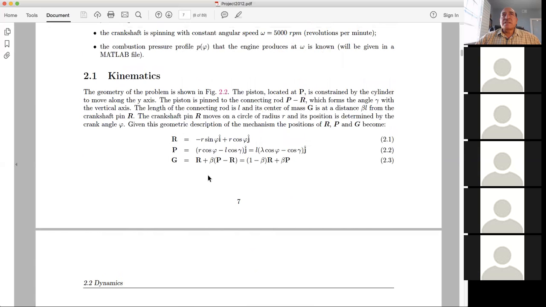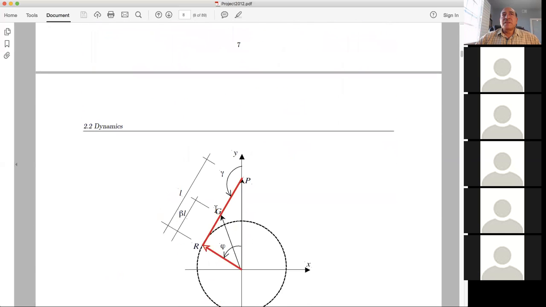Then G is the objective, because this is the center of mass of the connecting rod, and it is a linear combination of R and P. From vectors, we see that G is R plus beta times P minus R, where beta is the ratio of the distance of the CG of the connecting rod to the end connected to the crankshaft, divided by the total length of the connecting rod. Beta will depend on your design, and you will have to find where this CG is in the connecting rod so that you can determine beta.